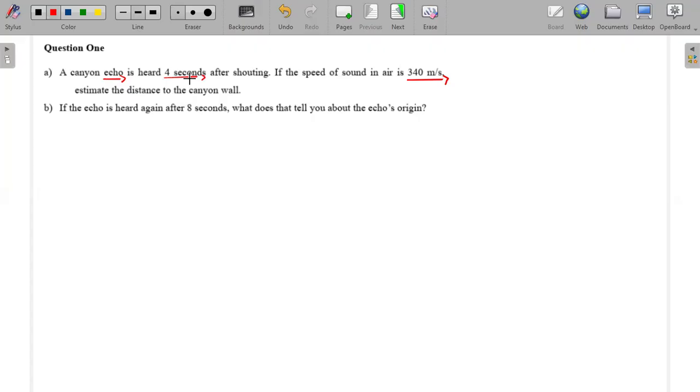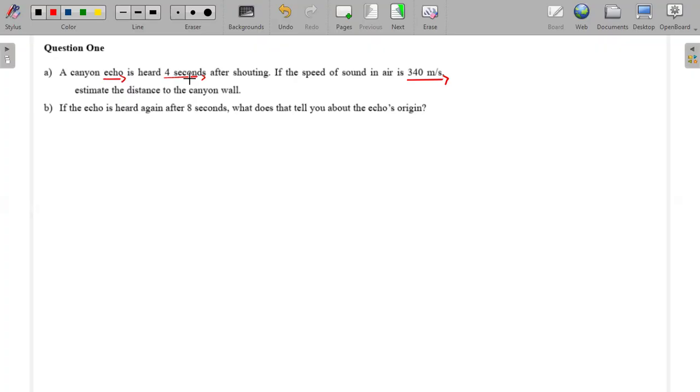This is very important. As I have said, the sound waves are being reflected off a distant surface and returning back to the listener. In this case, the canyon wall is acting as a reflecting surface, because it is the one that is actually reflecting the sound waves. So what are we supposed to remember?